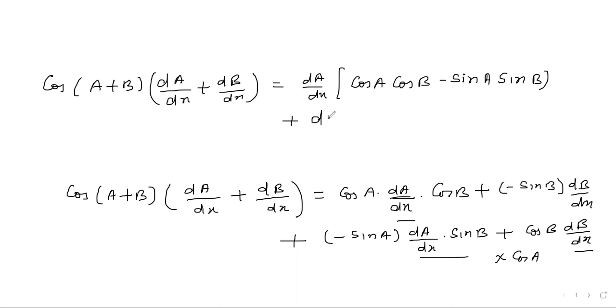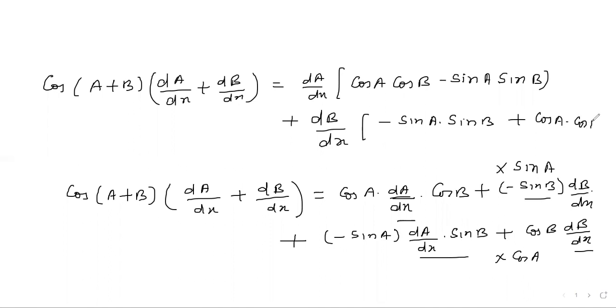Then we take dB/dx common, so dB/dx times, from here we get minus sin A sin B, and from here we get cos A cos B.